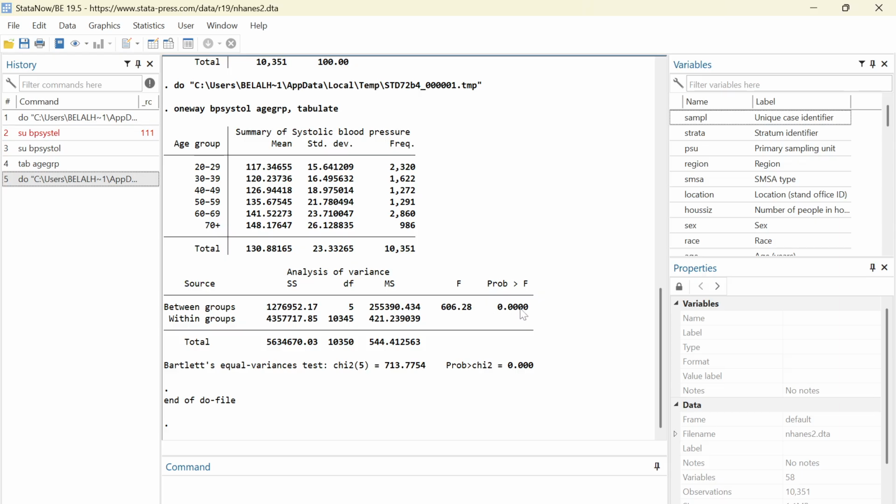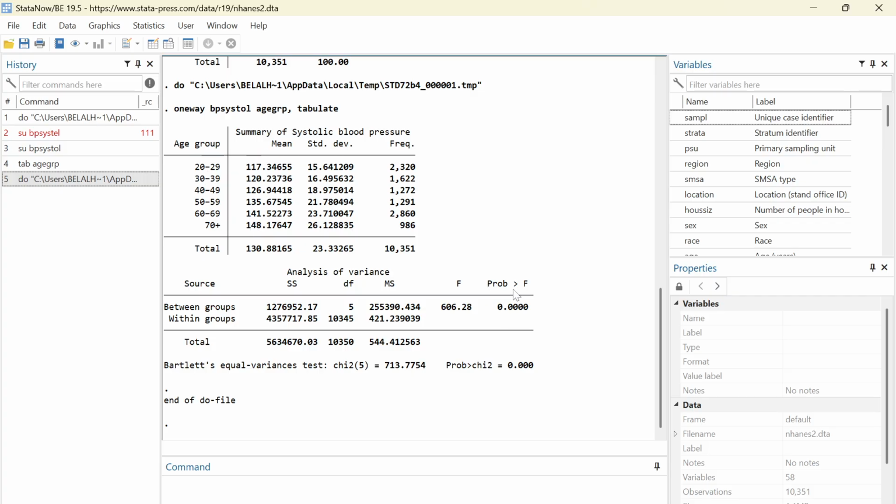And then the p-value, if it is really low, then that tells us that we reject the null hypothesis, right? It is almost zero, or zero basically, which is less than 0.05. Any p-value that is less than 0.05, we reject the null hypothesis in this case, because the null hypothesis is that there are no group mean differences, right? But we can see that there are mean differences across these groups.